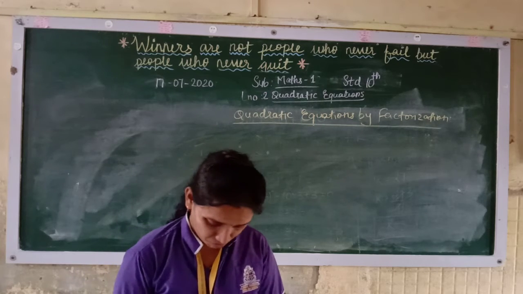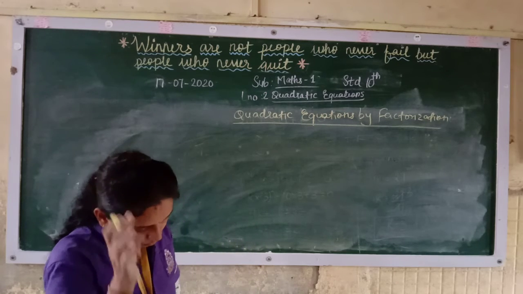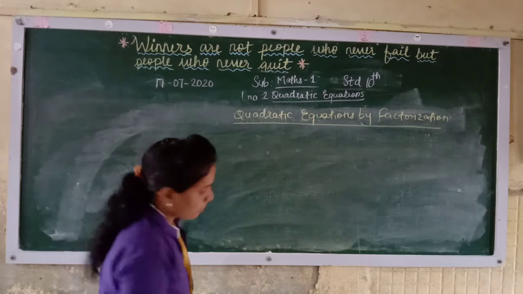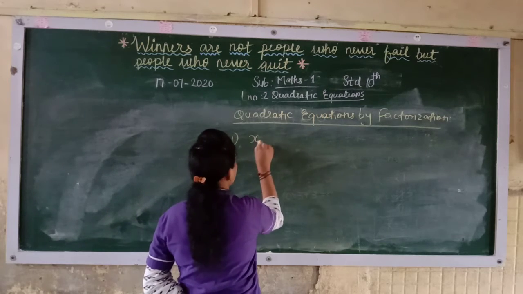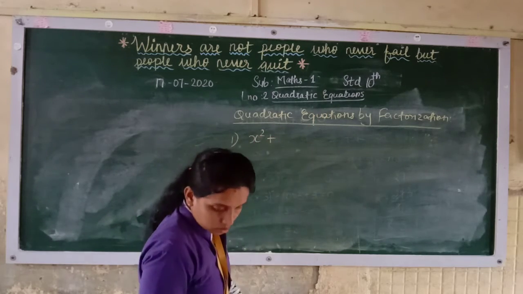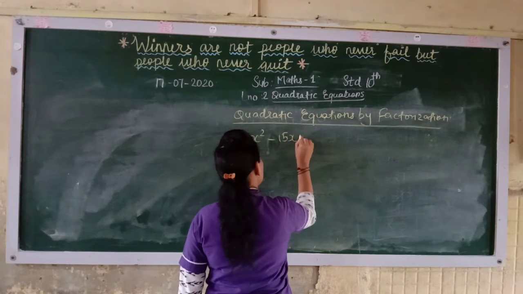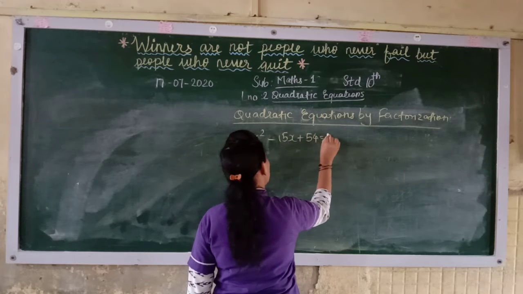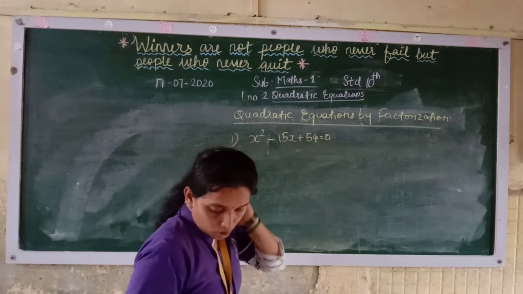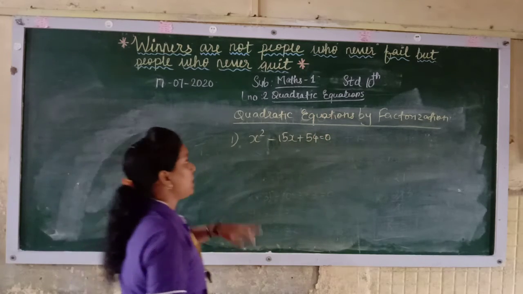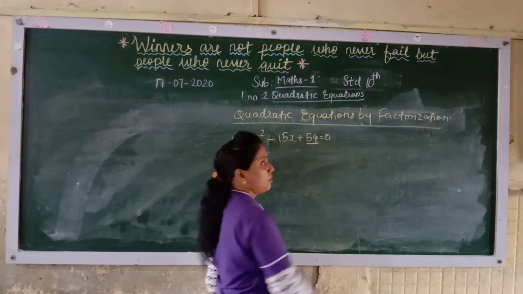Now see the first one, it is x square minus 15x plus 54 is equal to 0. Now if you see the last term, it is 54.